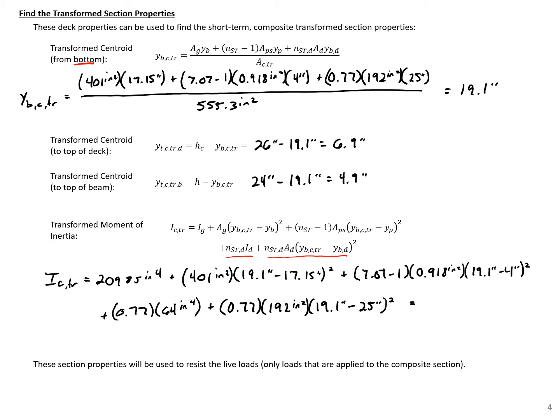So this will give us a composite transformed moment of inertia of 29,007 inches to the fourth. So these are the section properties that we'll use to resist the live load on the next couple slides.